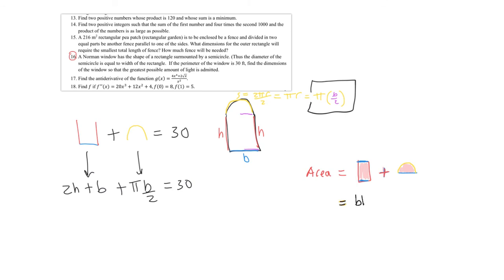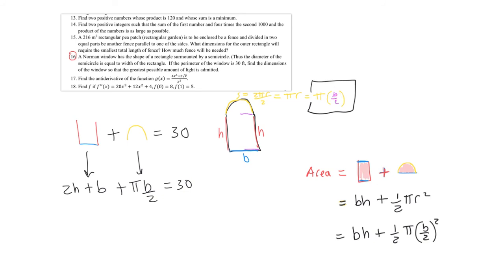So b times h, and then we're adding plus 1/2 pi r squared, because the area of a whole circle is pi r squared, but we're looking for half of a circle. But let's put that in terms of b, at least that part for now. We have 1/2 pi times b over 2 squared. We had already discussed that the radius is b over 2.